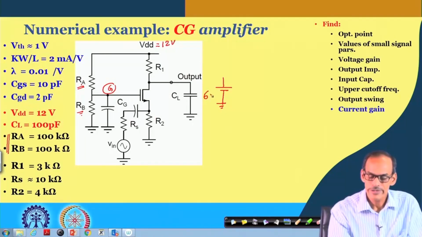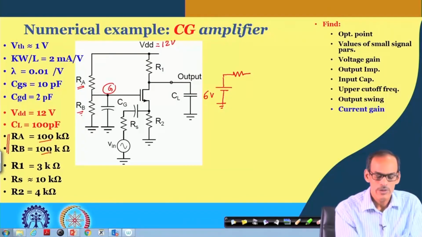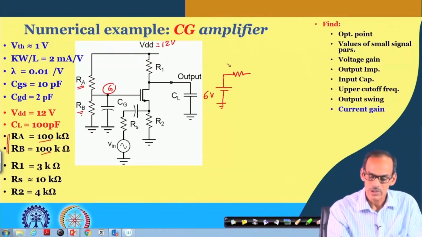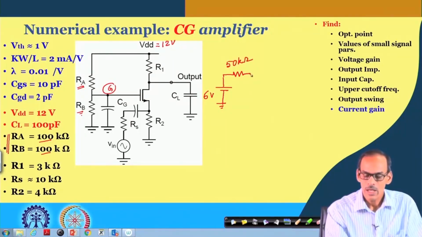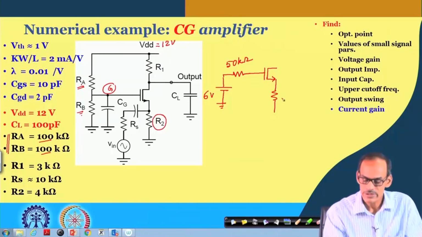So, we do have 6 volt here, and then that is coming in series with the Thevenin equivalent resistance of R A in parallel with R B, which is 50 K. And then we do have the MOS transistor, and then we do have the R E. I should not say R E, I should say rather a different resistance, and its value is 4 kilo ohm.